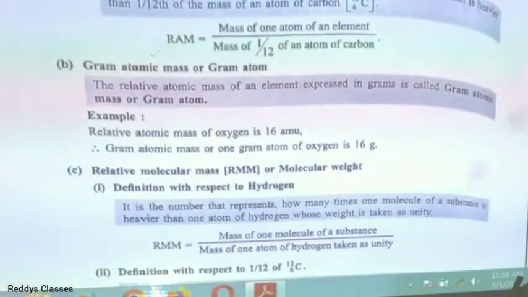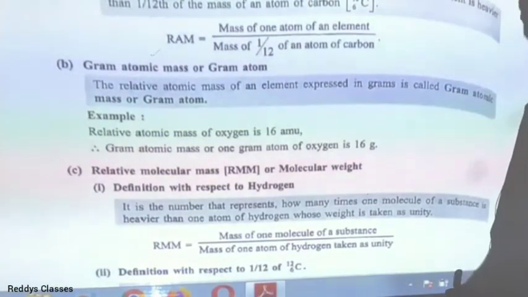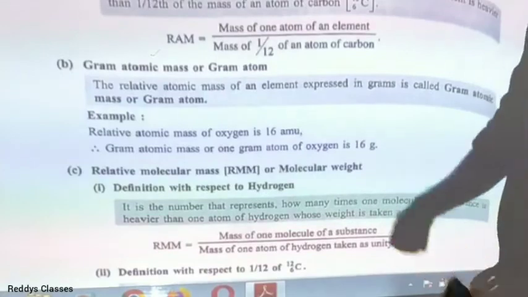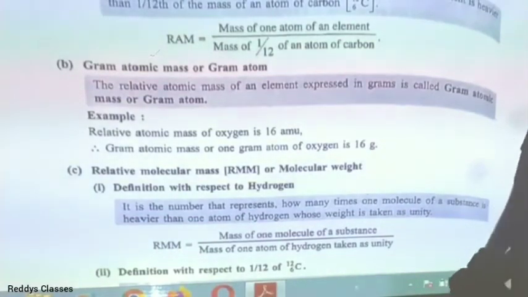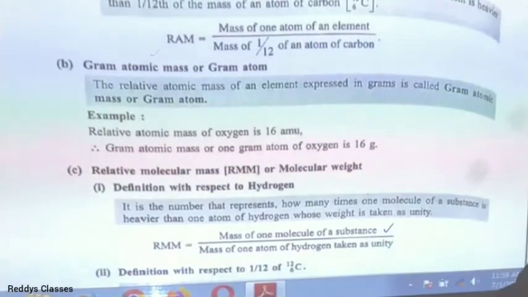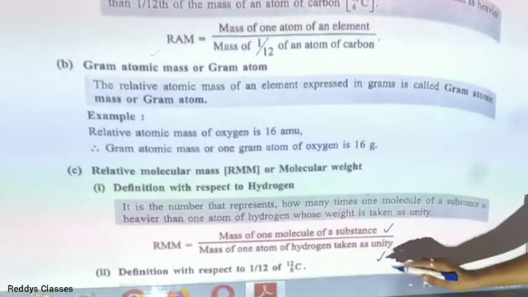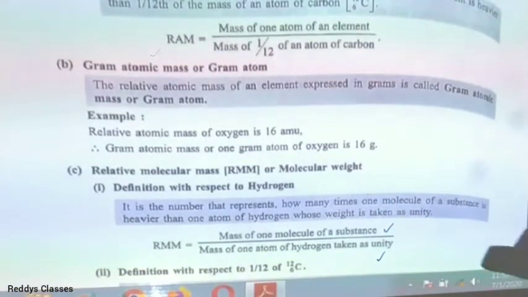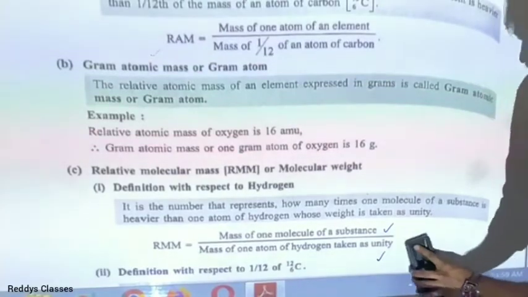Secondly, relative molecular mass, RMM, or molecular weight. The first definition, with respect to hydrogen: RMM is the mass of one molecule of a substance with respect to the mass of one atom of hydrogen taken as unity. Clear?